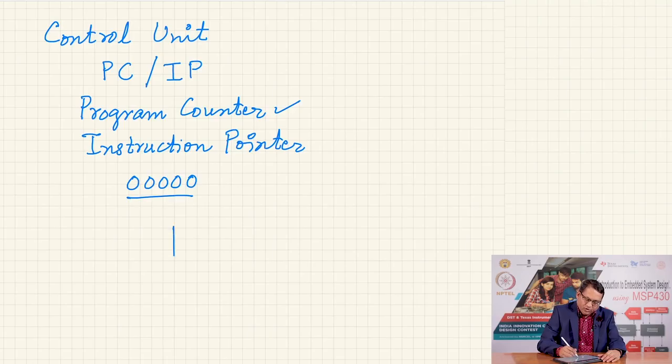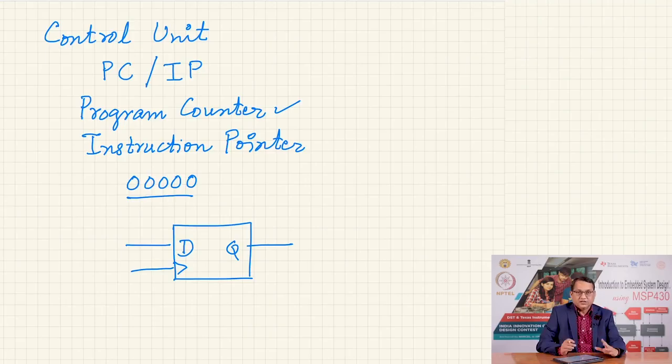Why? Because we know that a flip-flop is represented with these signals. Say a D-type flip-flop would have a D input, a Q output, a clock signal. This is the very minimum signals that you require, but it will also offer you a reset, which when asserted will reset the value of Q to 0. It may also offer a signal called set. If you assert set, that will make Q equal to 1.